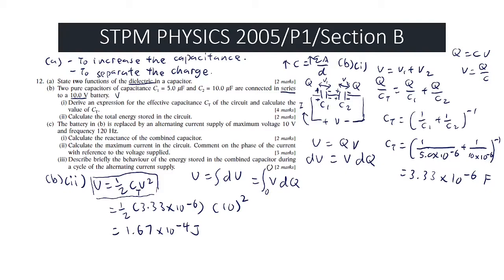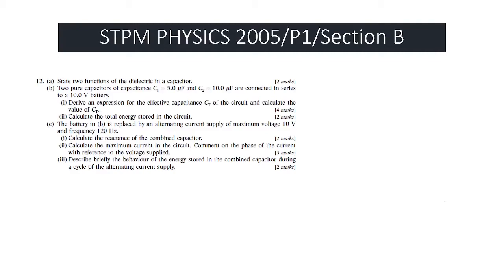Let's say we go from 0 to the charge Q, and here you can see this V is equal to Q over C. We substitute this inside, Q over C dq, and after integration we get Q squared over 2C, and now we substitute this Q with CV, you will get 1 over 2 CV squared. This is how we derive this formula.